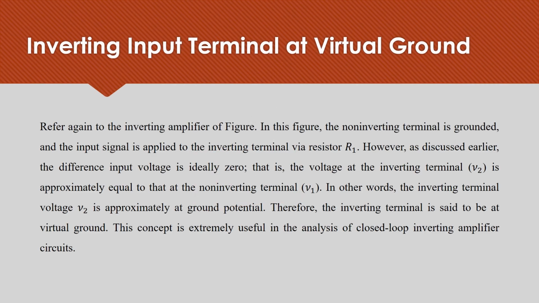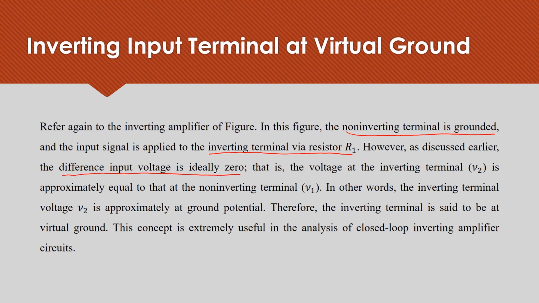Next is a very important point, that is the inverting input terminal at virtual ground. In the figure of the inverting amplifier, we have seen that the non-inverting input terminal is grounded and the input signal is applied to the inverting terminal via resistance R1. However, as discussed earlier, we also know that the difference input voltage is ideally 0.